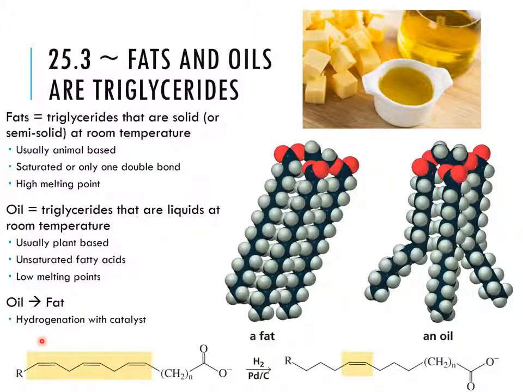So we can turn oils into fats. So another way to think about that in terms of your kitchen is that we can make oils solid. So this is something like margarine. We can take all of those double bonds and add hydrogen with a palladium on carbon catalyst and turn them into either a saturated chain or just that one double bond.